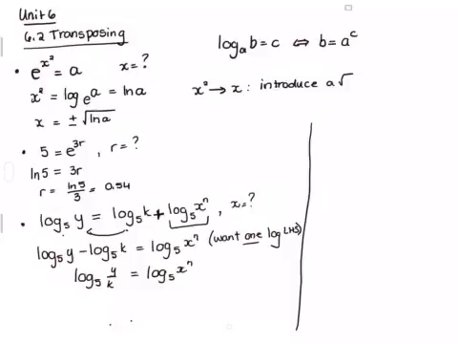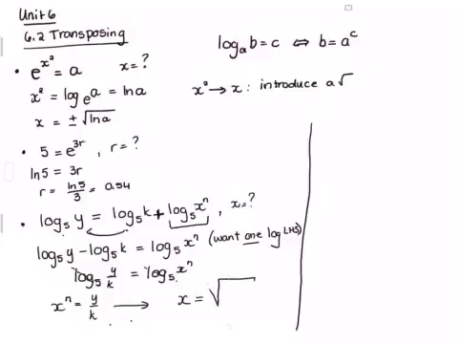Now, once you have 1 log equals 1 log and the bases are the same, you can cancel the logs and the bases. So I'm just going to write it this way around now. X to the n equals y over k. To get rid of the n, I'm going to take the nth root.